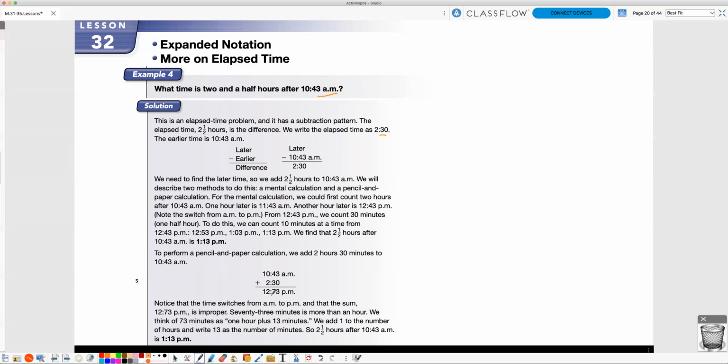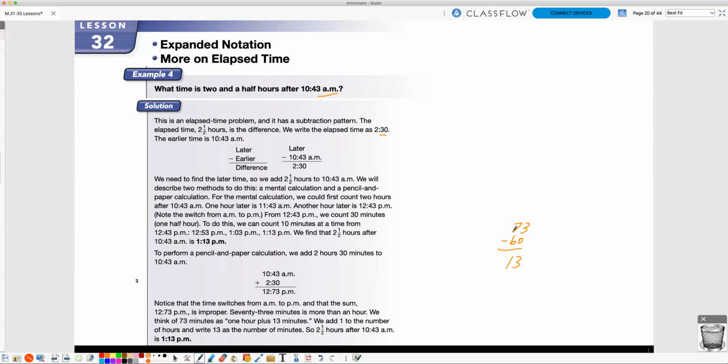is 1:13 p.m. So it would be adding 1 hour to that, and then this is the same as 13 plus 60, so 73 minutes. If you were to subtract the 60 minutes out of it, you would be left with 13 minutes.